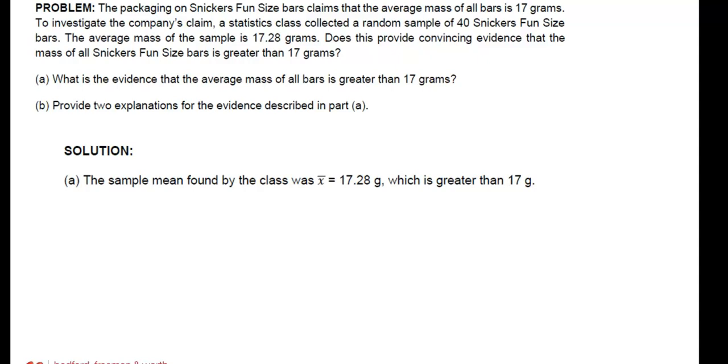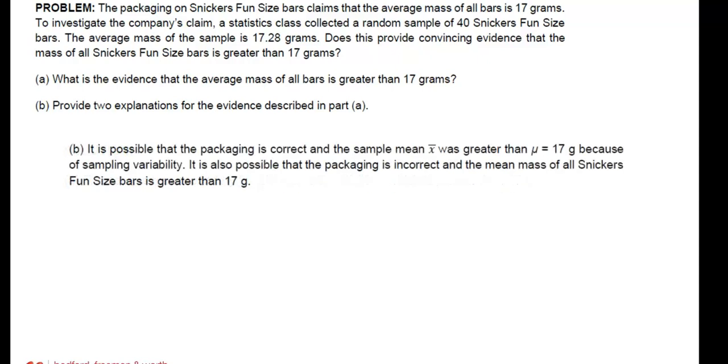And that's actually pretty possible because my guess is they don't want to cut it too close to 17. I'm sure the FDA has some rules that if a certain percentage of the time you keep providing less than what you're stating, that would be bad. So my guess is their average is over 17. That's just a guess. So it's possible the packaging is incorrect and the mean mass is actually larger than that.